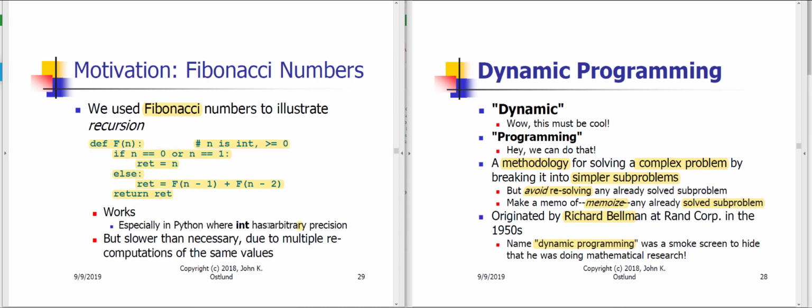Now, we know that this works, and because the int data type in Python is arbitrary precision, this will work, in fact, for any value of n, assuming that we're willing to wait long enough and have enough memory on our machine.